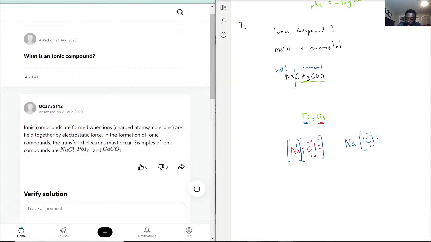Sorry, the charge is supposed to be on the outside, so you don't confuse it. So you see Cl minus right there and Na plus. Okay, this would actually be the Lewis diagram.